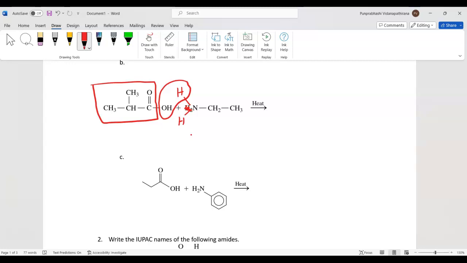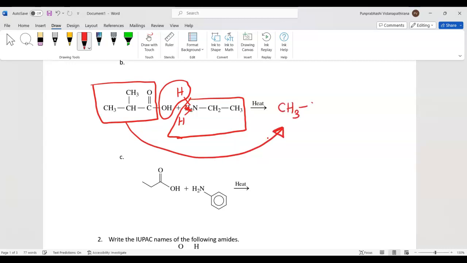Now this will go as a water molecule, and the amine fragment that makes the amide would be this part. So we just have to combine this carboxylic acid fragment and amine fragment to make the amide bond. So just draw the carboxylic acid fragment as it is without changing anything. Whatever alkyl groups are present will come with this carboxylic fragment.